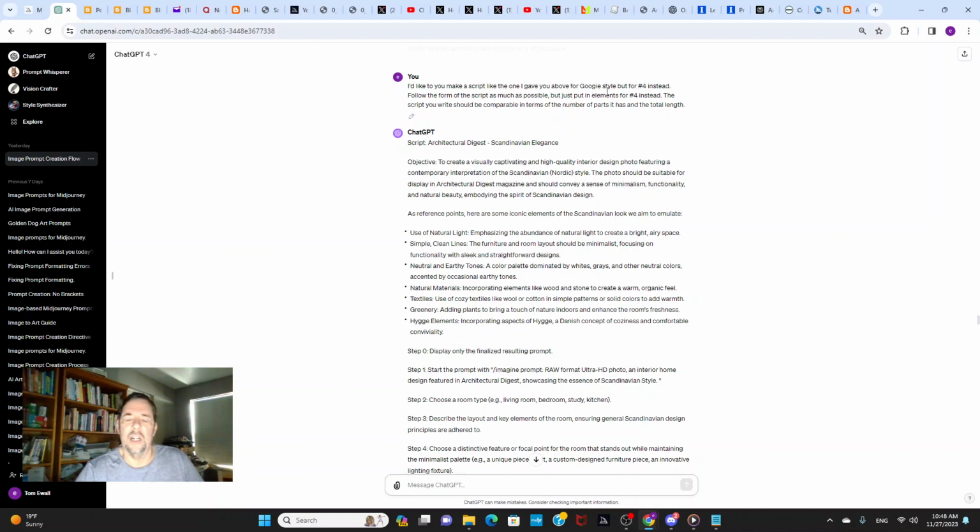using the Googie style as a template, but for number four instead. And then this part of the instruction here is quite important. I said, follow the form of the script as much as possible, but just put in the elements for the Bauhaus style instead. The script you write should be comparable in terms of the number of parts it has and the total length.